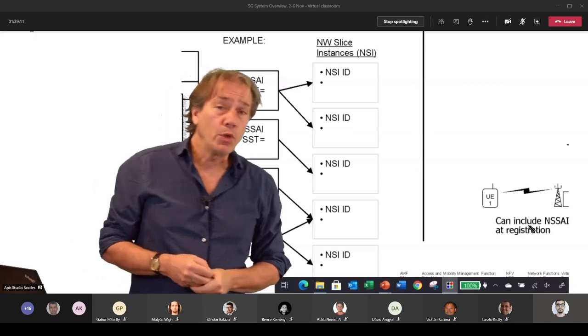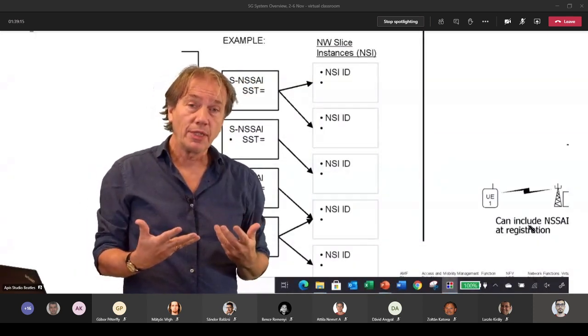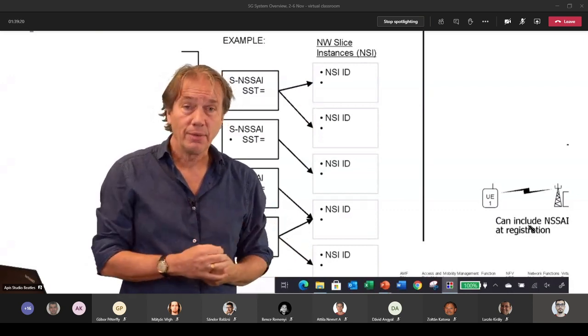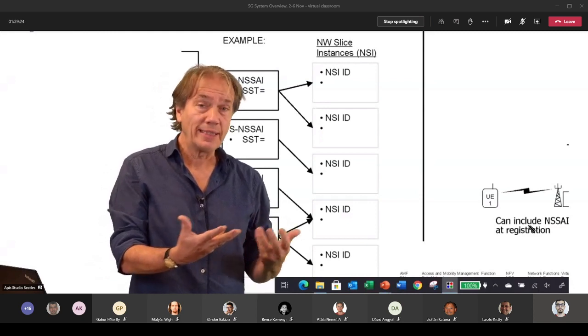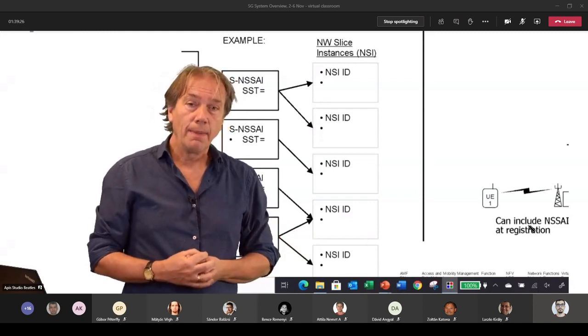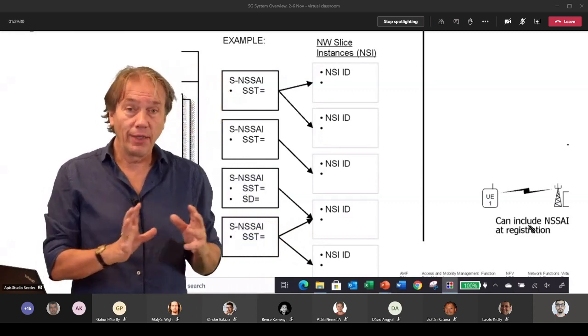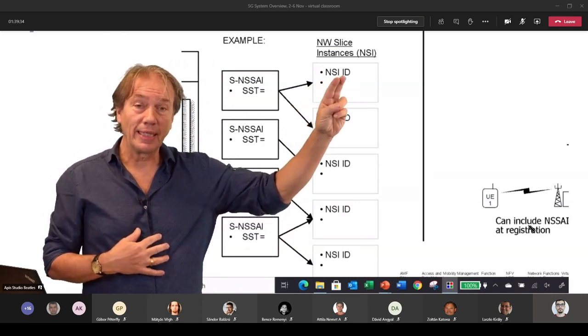And really, when we talk about a network slice, we should talk about the network slice instance, because each slice that we have in a network is called a network slice instance. That's a unique defined slice with its own unique network slice instance ID.